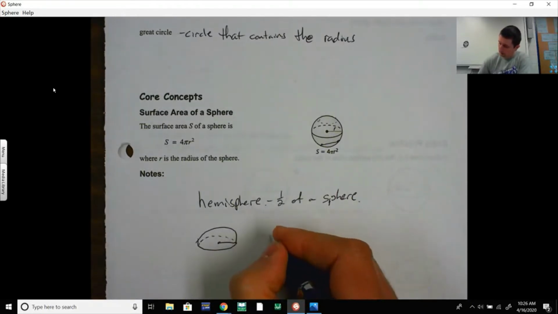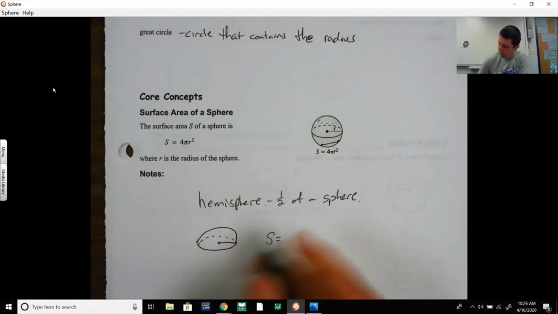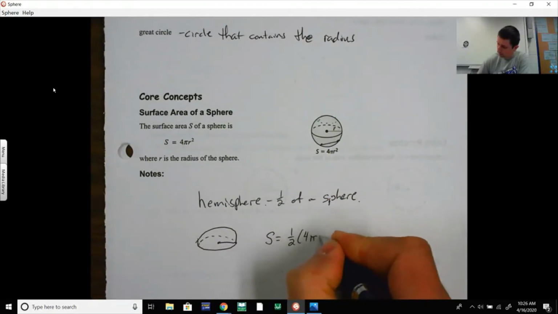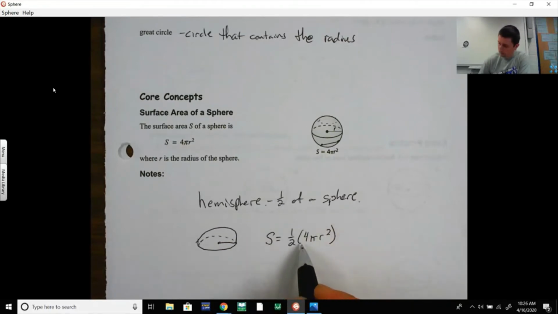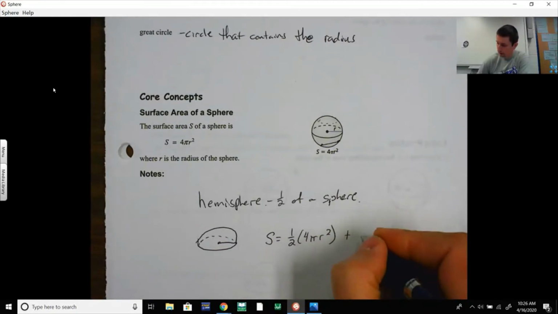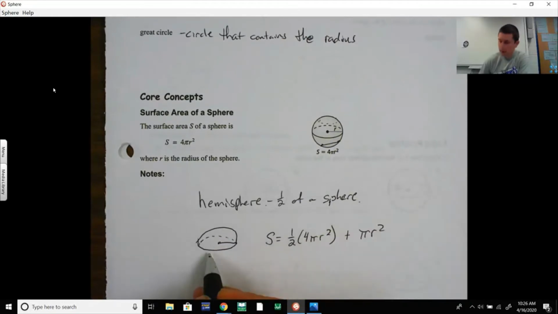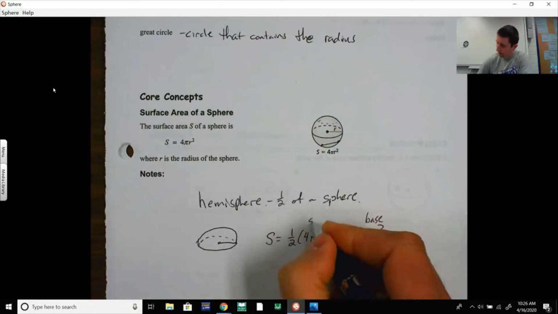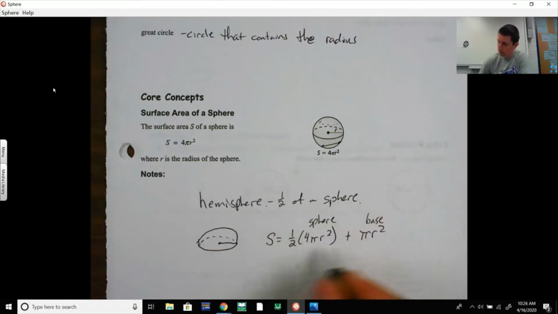For the surface area, you would have 1/2 of the 4 pi r squared, but then you have another pi r squared for the bottom. That is the base. So you have half of the surface area of a sphere, and then you have a base.